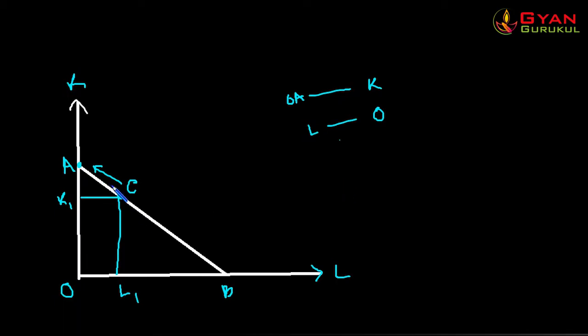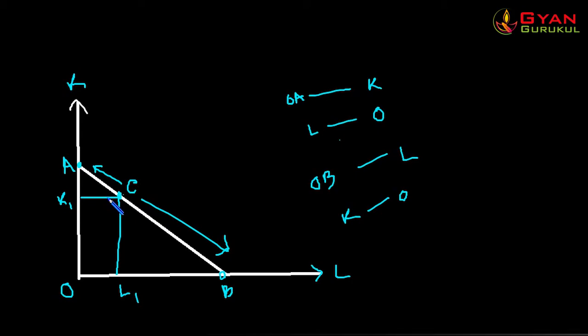Similarly, the other way, let's suppose from C the producer moves to point B. In that case, the amount of labor being used is OB, and how much capital is used? Capital use is zero, right? So this is another possibility, when the factors are perfectly substitutable.